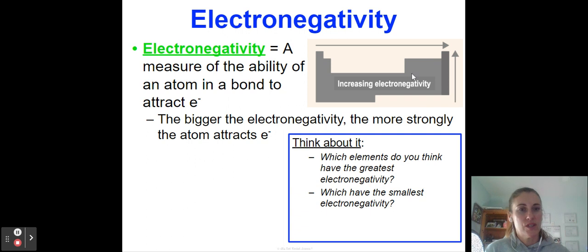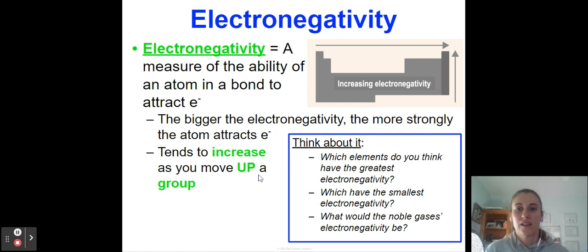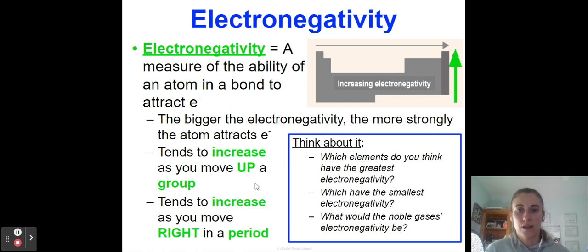If you understand that the ones in this upper right-hand corner, excluding the noble gases, have the greatest electronegativity, which would have the smallest? And what would the noble gases' electronegativity be? Well, it would be 0. So it tends to increase as you move up a group and increase as you move right in a period.